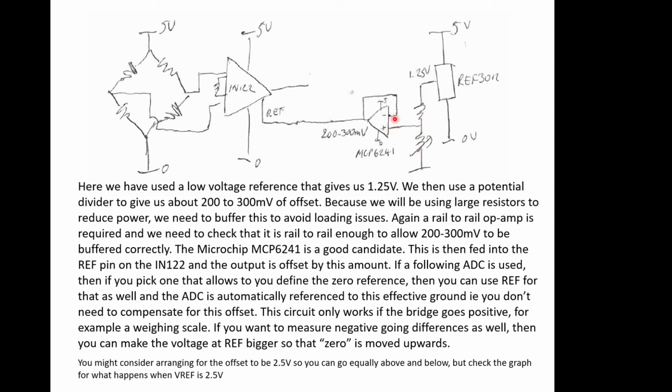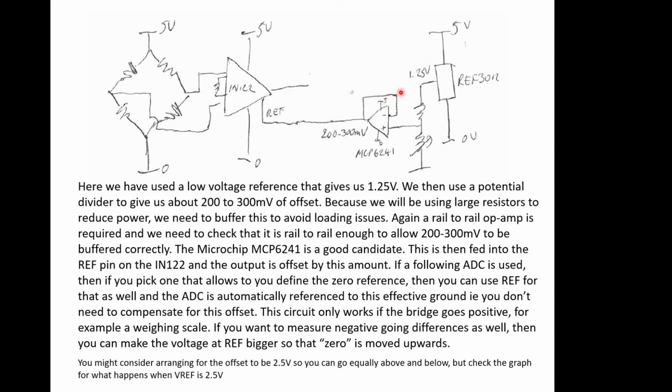We would then put it through a buffer to make sure there's no impedance effects, because we're interested in keeping this voltage absolutely fixed, and we don't know what loading effects this pin would have, so we buffer it, and then we present the divided version of this voltage here to the reference pin, which then offsets the output of our amplifier.